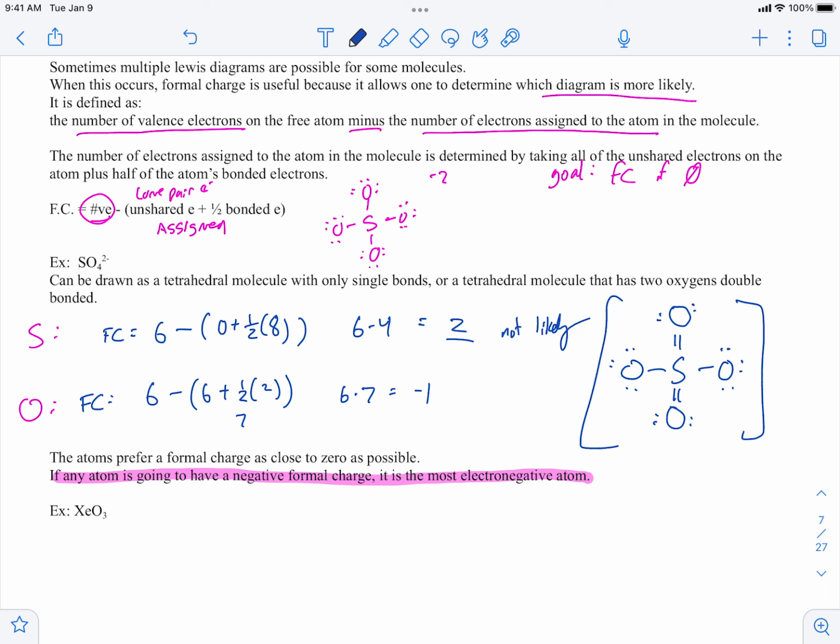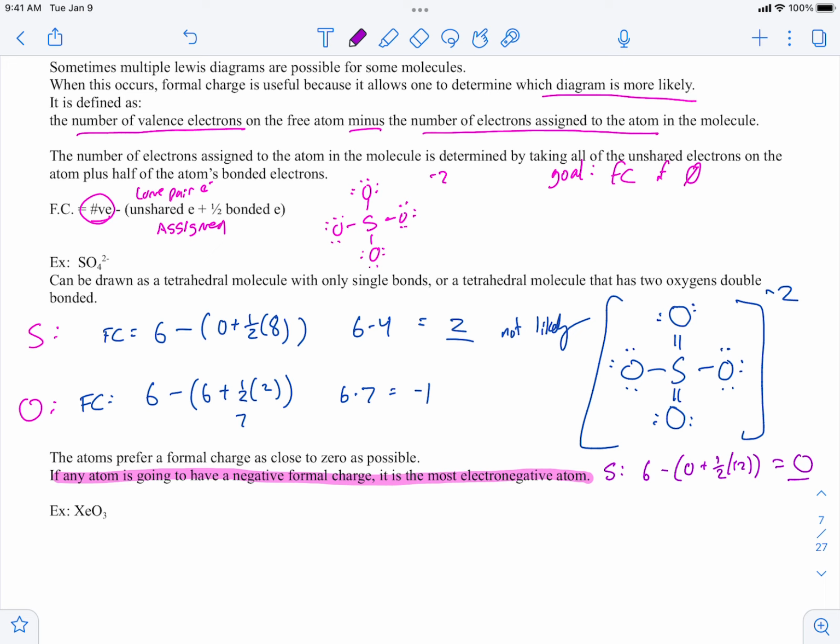I present that. Okay, so let's reassess. Let's recalculate our formal charge for sulfur. 6 minus 0 plus half of 12 equals 0. That's a pretty good formal charge for sulfur.